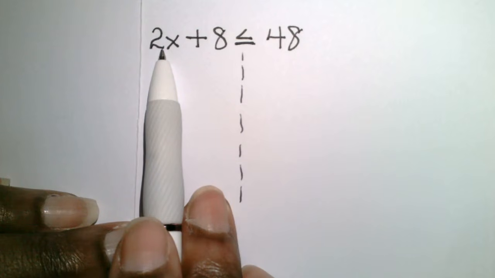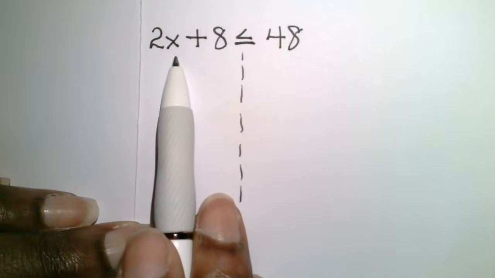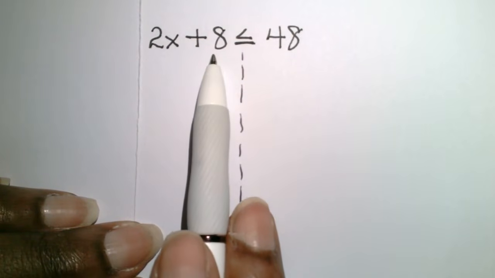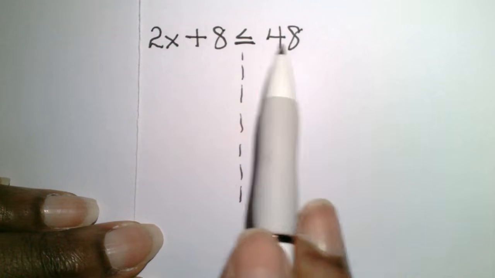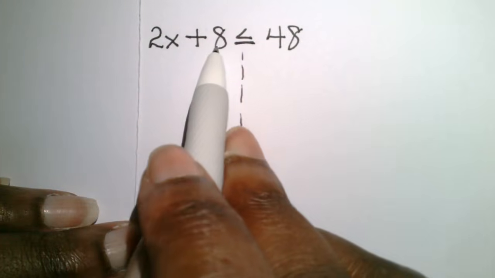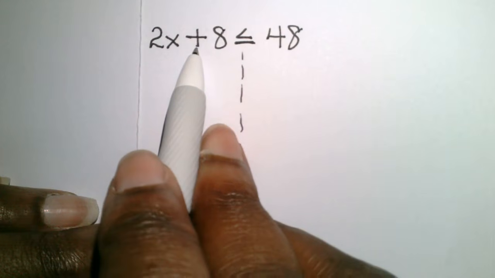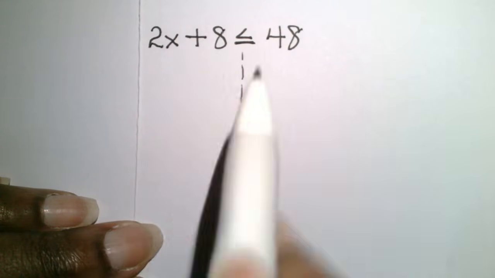The whole purpose of this is to isolate that x. So this plus 8, we need to put it to the other side. To move that positive 8 to the other side, you've got to do the inverse. This plus sign is attached to this 8, so the inverse of plus 8 is minus 8.